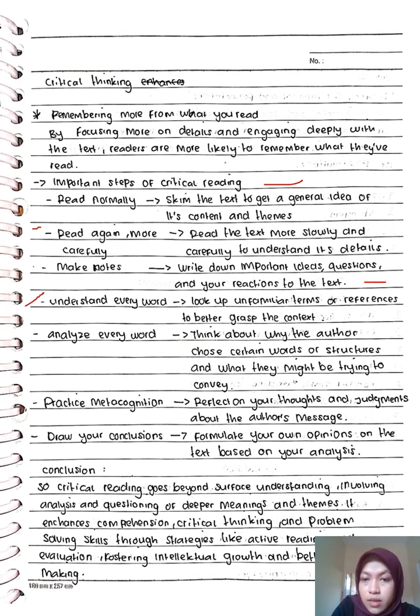Look up unfamiliar terms or references to better grasp the context. Five, analyze every word, thinking about why the author chose certain words or structure and what they might be trying to convey. Six, practice metacognition. Reflect on your thoughts and judgments about the author's message. Seven, draw your conclusion. Formulate your own opinion on the text based on your analysis.